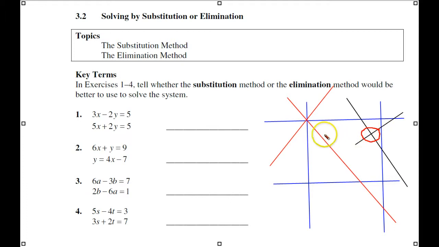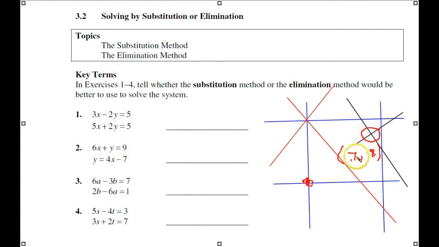So this is sort of like maybe 0.8 this way, and it might be like 0.7 up, so maybe, I don't know.